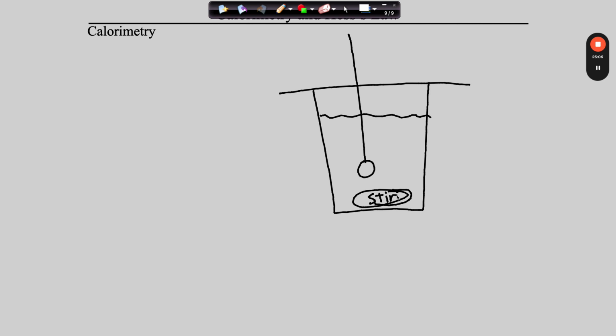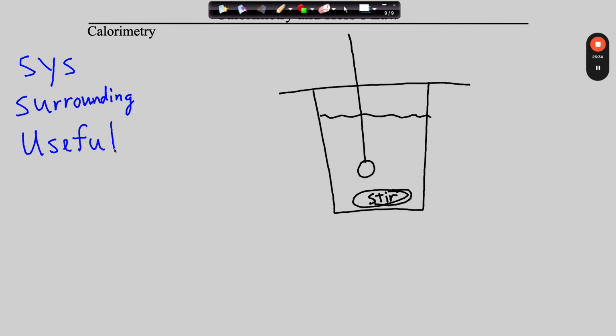They work great. So guys, these are the questions that you need to be able to answer. What is our system? What is our surroundings? You need to be able to answer, what is coffee cup calorimetry useful for?